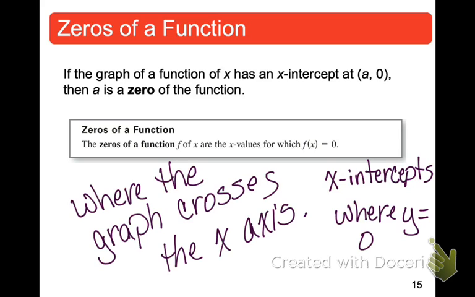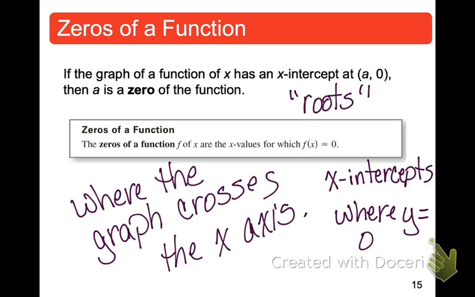Something else you might hear it called, but it's very rarely, I don't ever say it, you might hear the word roots, the roots of a function. Most of the time you're going to hear it called zero, the zeros of the function, okay? The zeros of the function is not the y-intercept. Now, when we graph lines, we focus a ton on the y-intercept, but we don't when we're doing other types of functions.